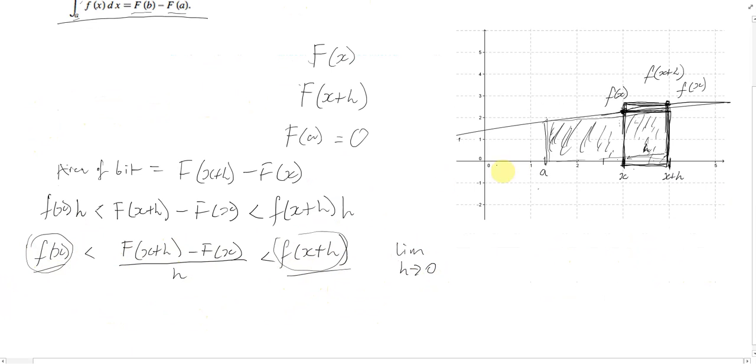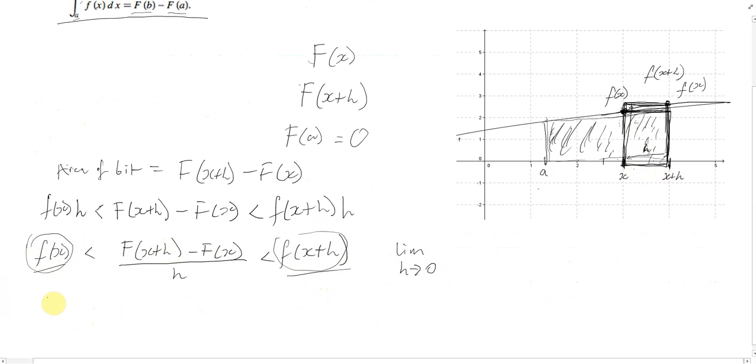Okay, so what we're trying to do is collapse h down. So this box here is so tiny that there's no difference between the areas of those two rectangles.